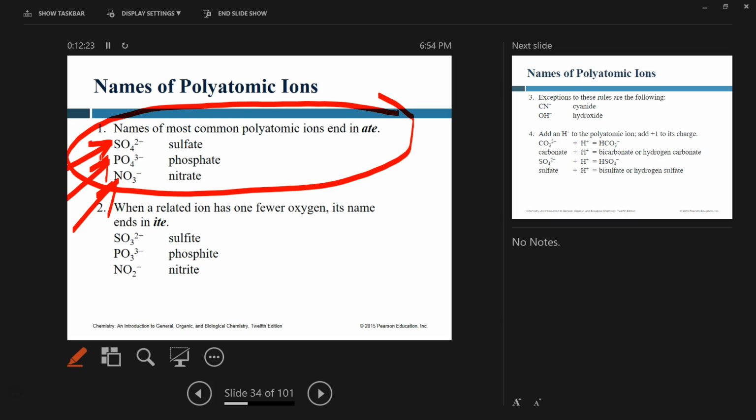So let's break down sulfate. SO4 2-. Do you follow me on the screen? It's really important that you follow me on the screen. So how many negative charges does oxygen bring to this anion? 8. What's the total charge of this anion?